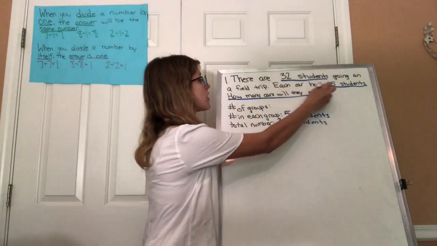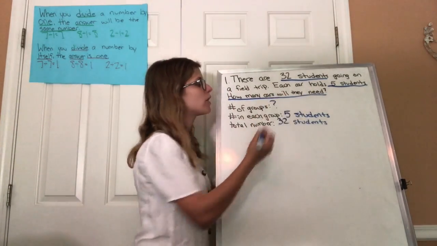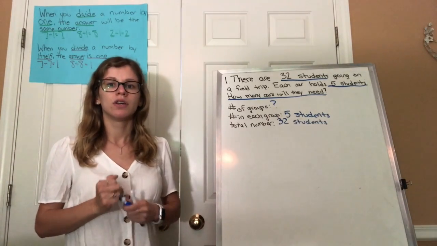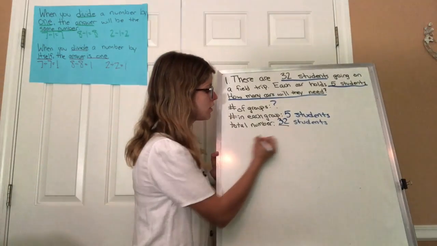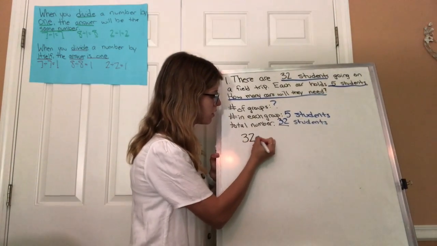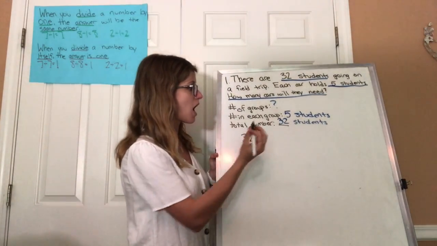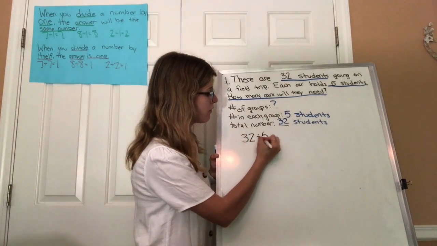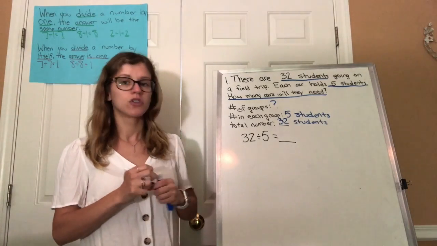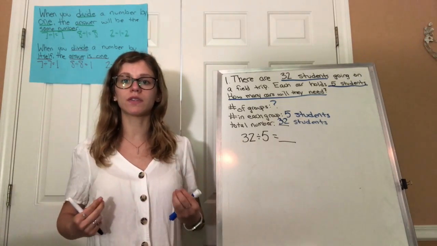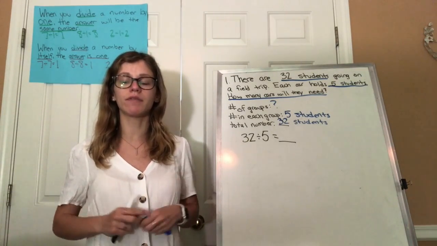How many cars will they need is how many groups I will have. So the equation that I have to solve here is I'm breaking down 32 into groups of 5, and I need to figure out how many groups there are total. So pause me and think about how you solved this equation. 32 divided by 5.